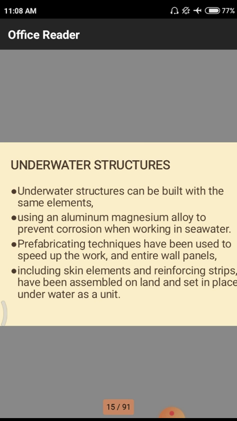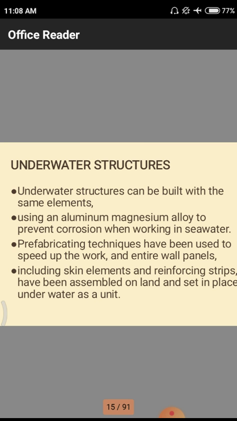But in the case of aluminum or magnesium alloys, an alloy means a combination of metals. Due to this combination of two to three metals, there is a smaller quantity of waste materials formed, so we use these aluminum magnesium alloys to prevent corrosion effects whenever we do underwater constructions.